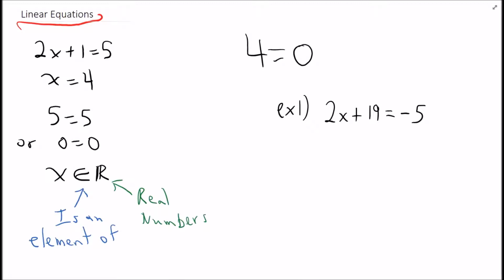The first thing we want to do is move anything that's not attached to the x, and that plus 19 is not, so I minus 19. So you'd end up with 2x equals, and if I minus 19 from negative 5, I'm at negative 24. And then the next step would be to divide by 2 to get x by itself, so x would equal negative 12.